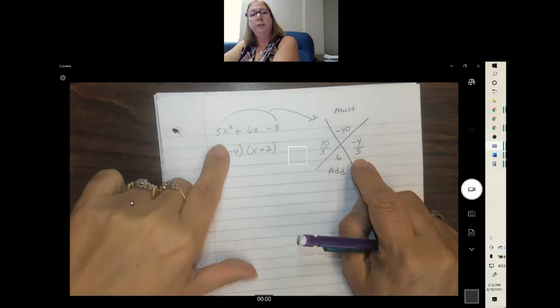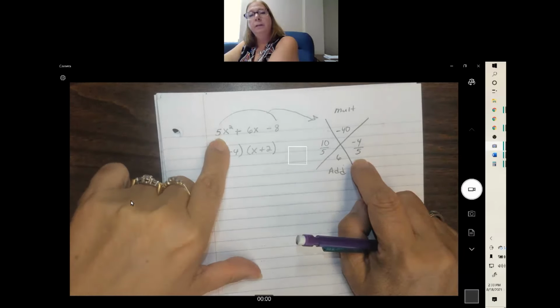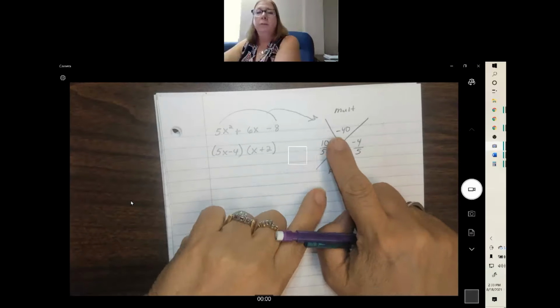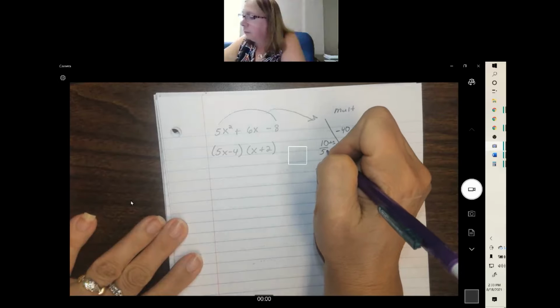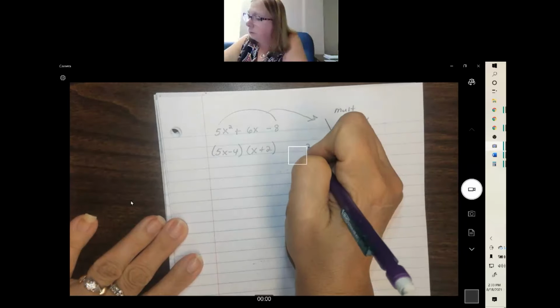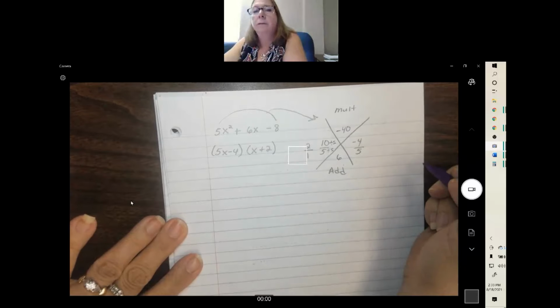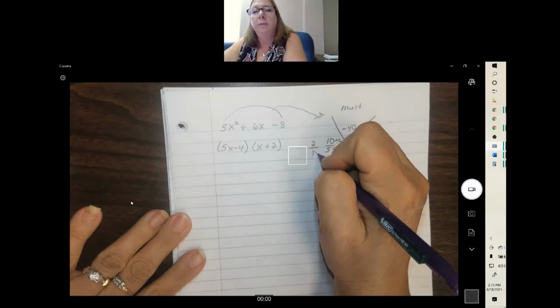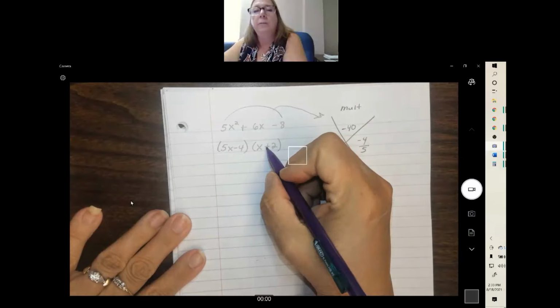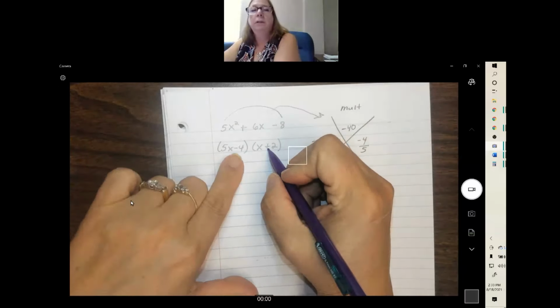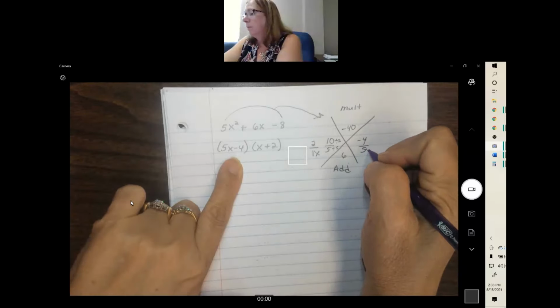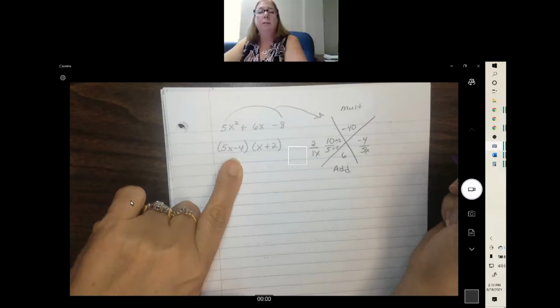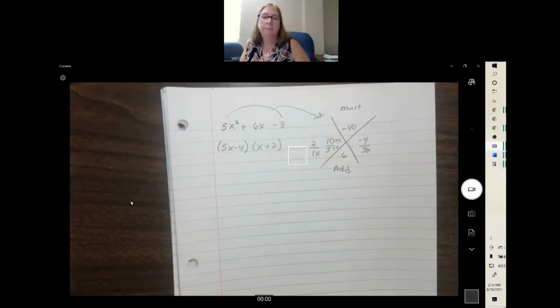Then I divided by the leading term, which was a 5. This one reduces by 5, and it gets a 2. And that's where I got the 1x plus 2. This one doesn't reduce, so it becomes 5x minus 4. Any questions on that?